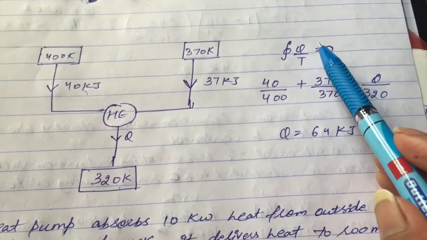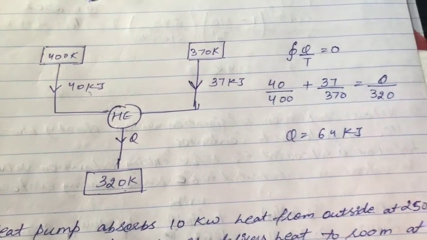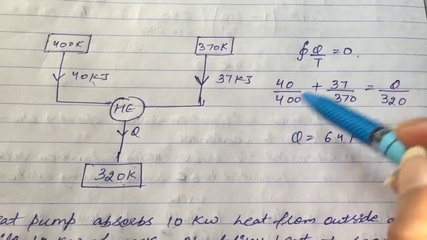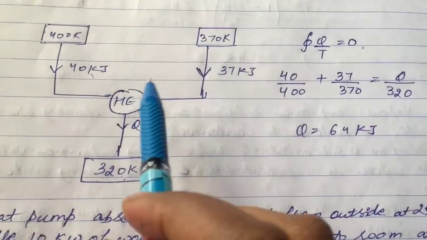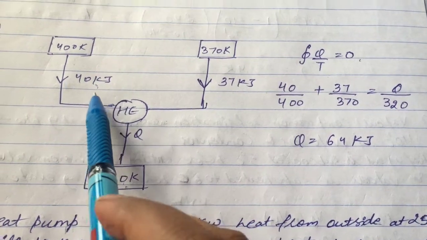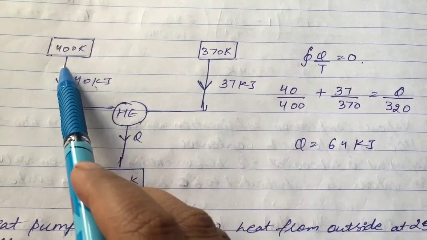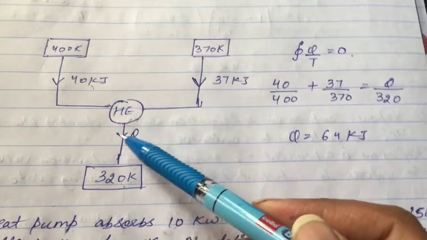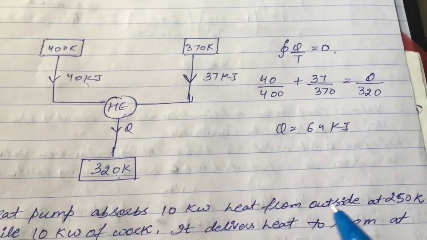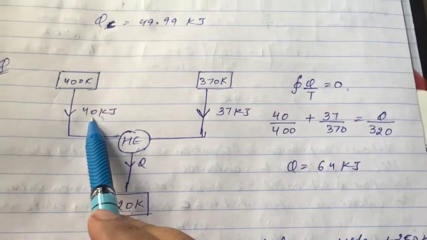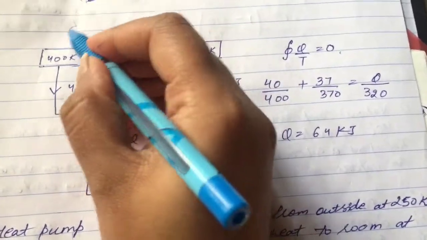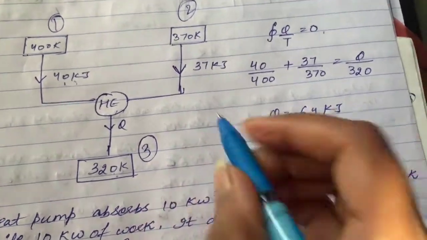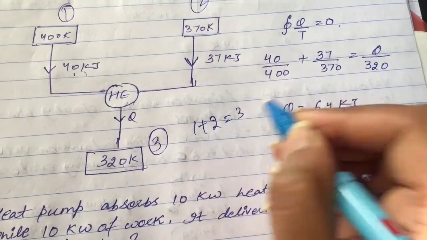we have to calculate from Clausius inequality, Q by T is equal to 0 for the process. Then the incoming into heat engine would be equal to the outgoing. So let's name it Q1, Q2, and the final which is going out Q3. So Q1 plus Q2 would be equal to Q3.